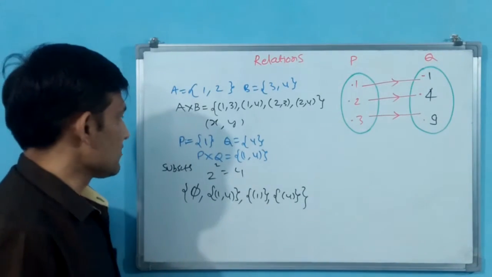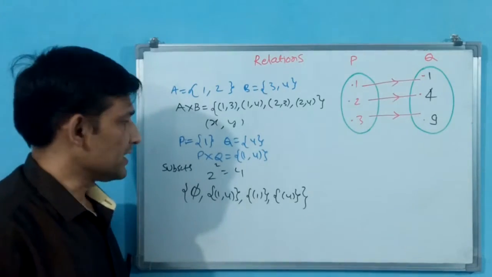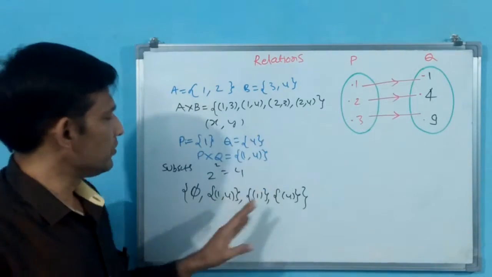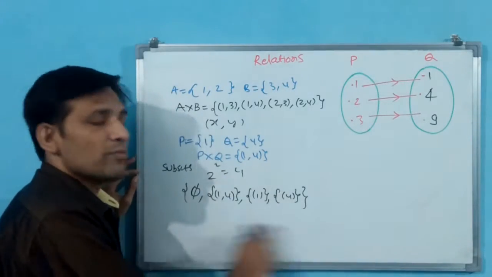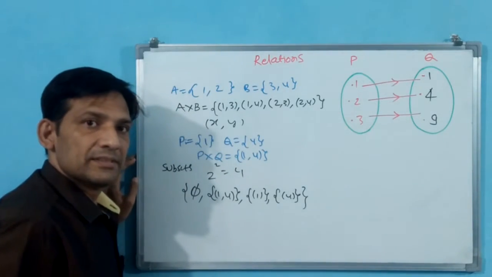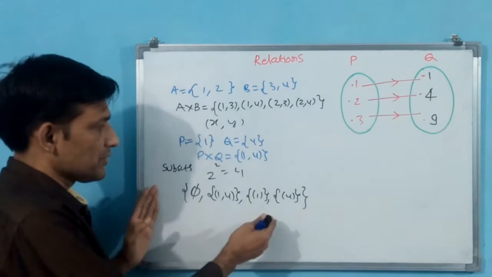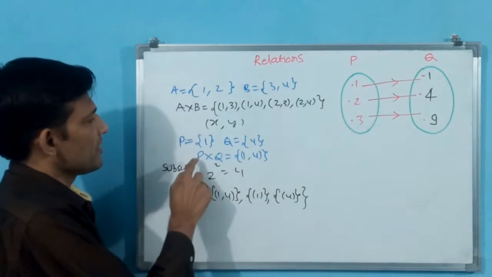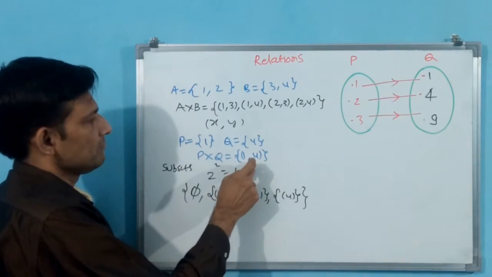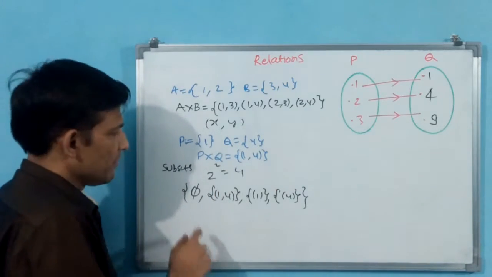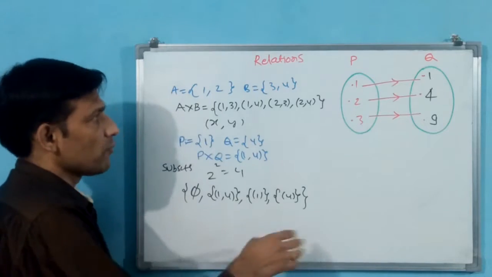Now what is the relation mentioning? A relation is also a subset of the Cartesian product. You understand now? Why? Because subsets are bigger. See, in the Cartesian product, (1, 4) means (1, 4) has come, there is no other chance. But here you see how many have come? 4 have come.